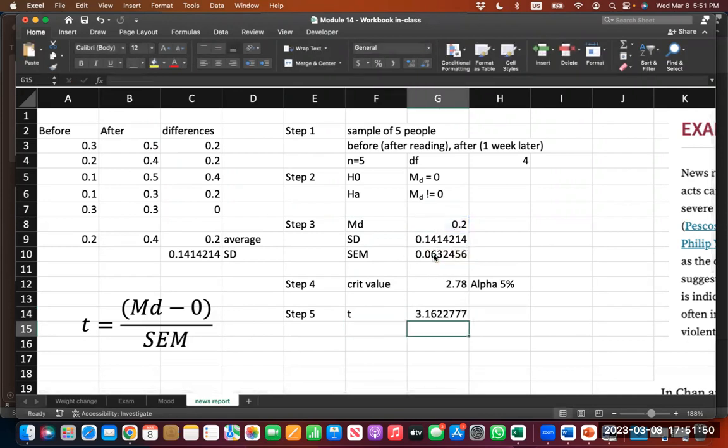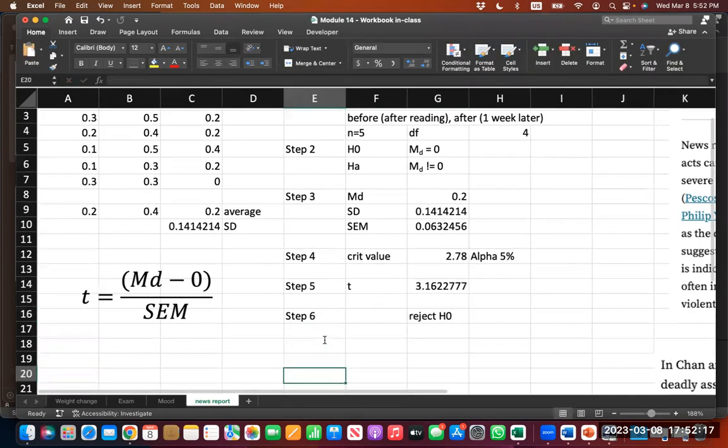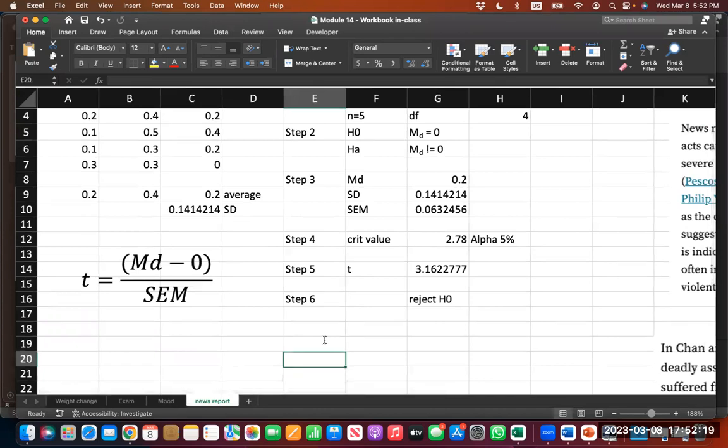So our t here is 3.16, which we see is significantly different from 2.78. So we know now that our difference of 0.2 is significantly different from our null hypothesis 0. And in step 6, we're now rejecting the null hypothesis. Okay, simple. It's really not complicated.